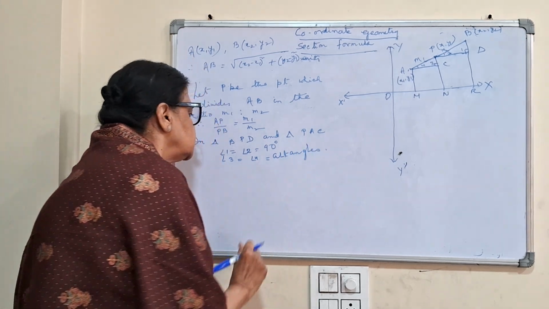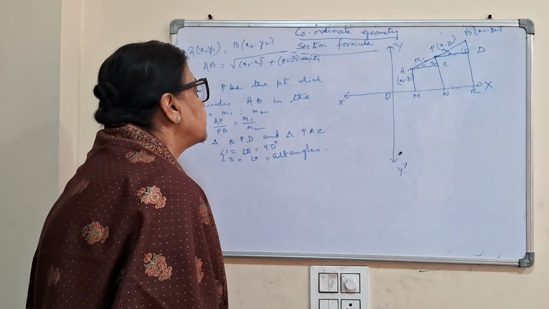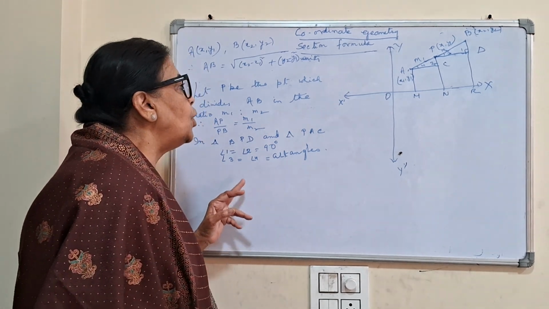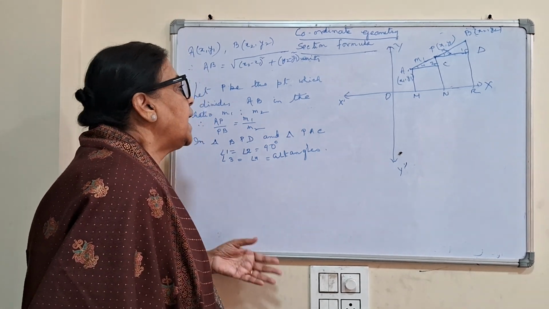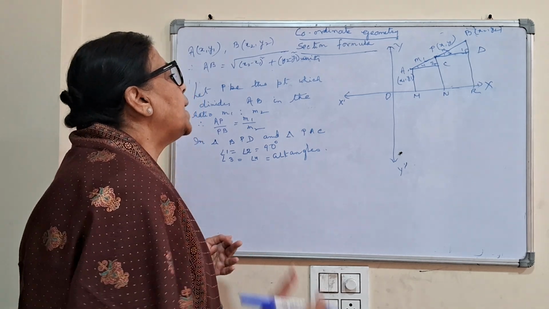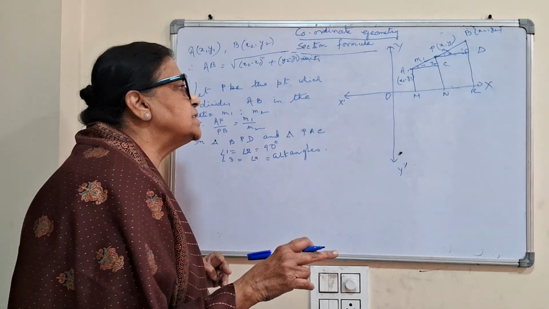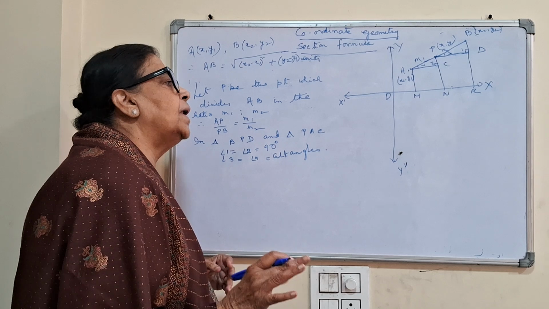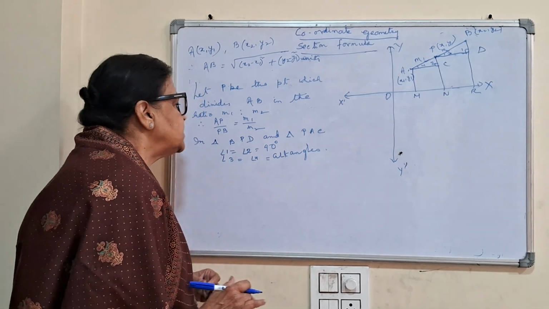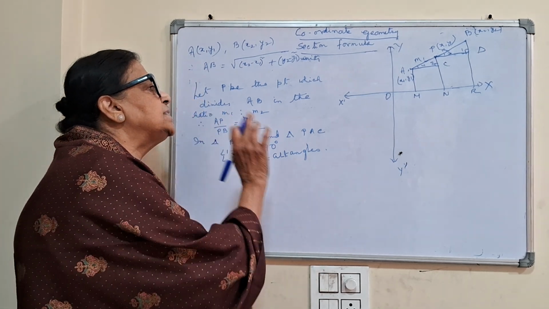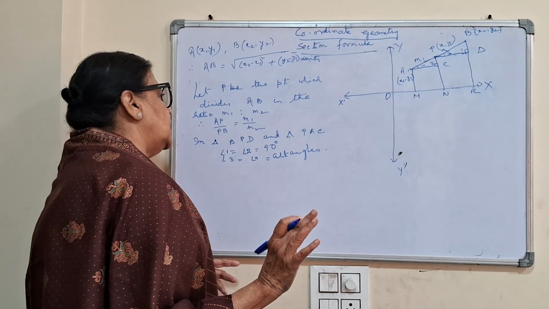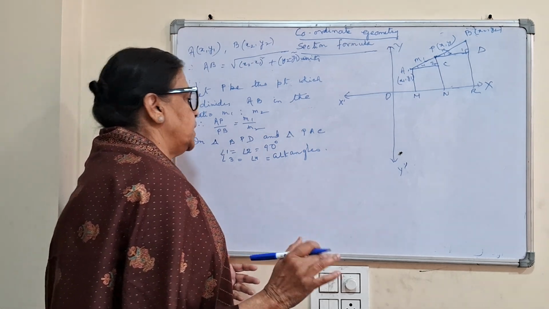Why have I said they are alternate? Because AC is parallel to the x-axis and PD is also parallel to the x-axis, so AC and PD are parallel, and therefore the angles are alternate.